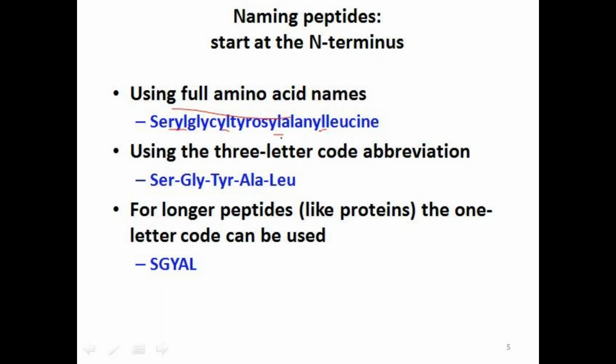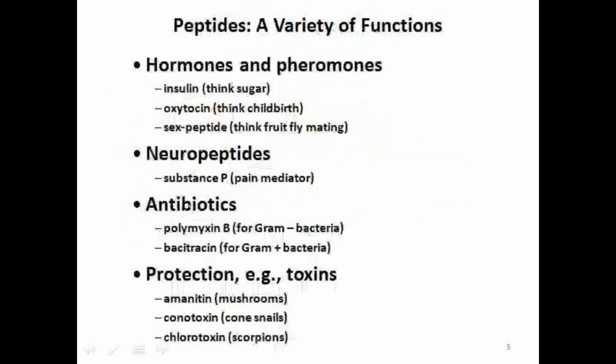It can also be indicated in the 3-letter code: serine, glycine, tyrosine, alanine, and leucine. We can also use the simpler 1-letter code. And this is the naming of the peptides.